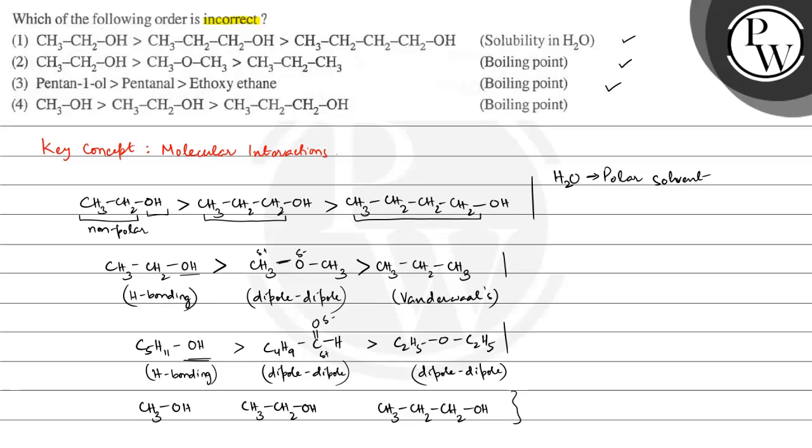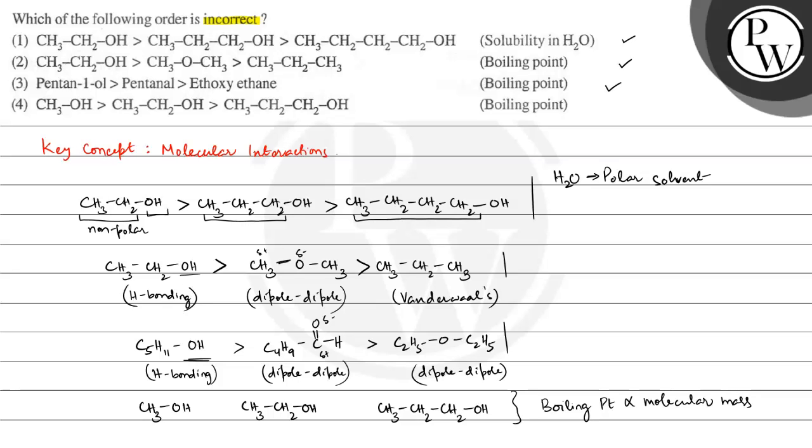So now here we can see that CH2 groups increase होते जा रहे हैं. That means molecular mass भी increase होता जा रहा है. And we know that boiling point is directly proportional to molecular mass. So क्योंकि यहाँ पर molecular mass increase होता जा रहा है, that means boiling point should also increase.